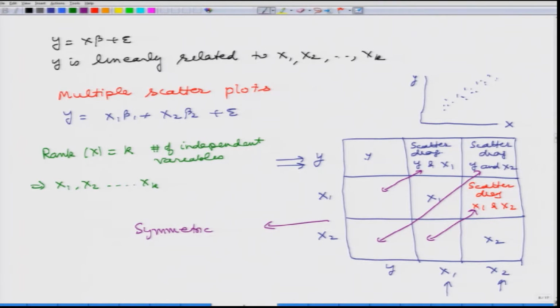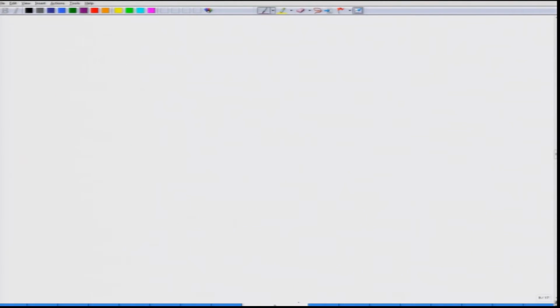So, this is how, using the idea of the multiple scatter diagram, we decide whether the relationship between y and all of x1, x2, ..., xk is linear or not. Right. Now, we come to another important aspect, and we try to estimate the model parameters.